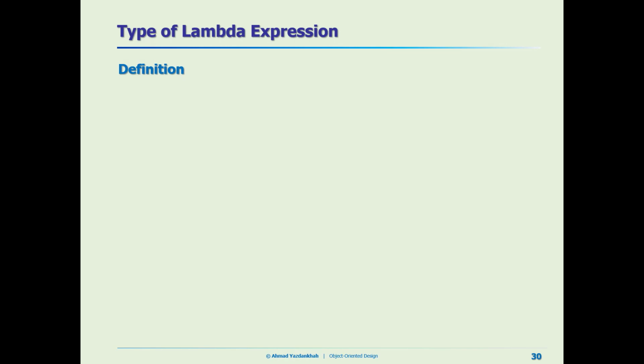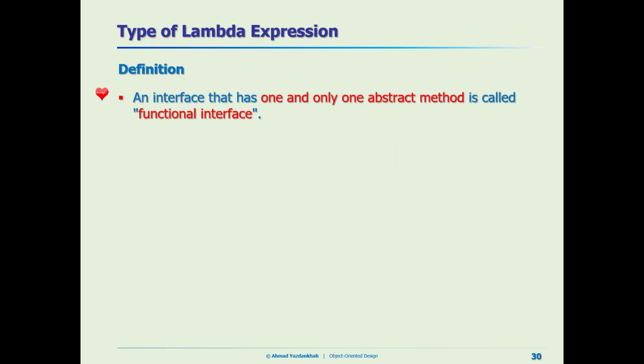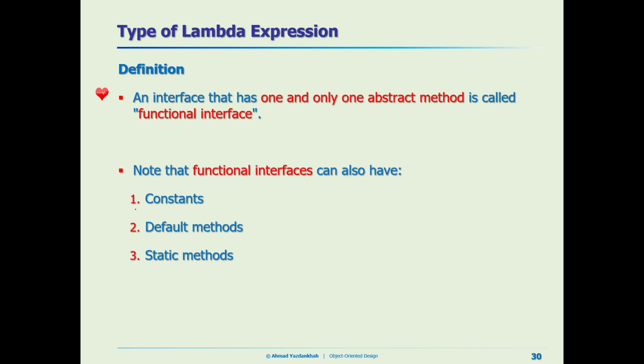So what is a functional interface? It is an interface that has one and only one abstract method. All right. The point here is that these kinds of interfaces, I mean functional interfaces, can have other ingredients. For example, they can have constants, default methods, and static methods, right?